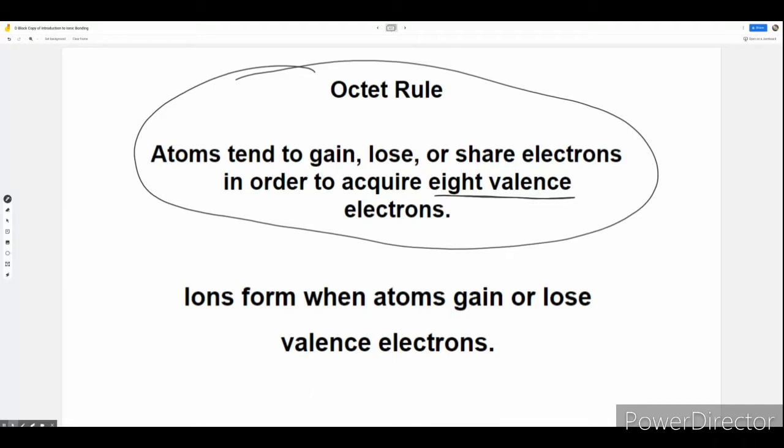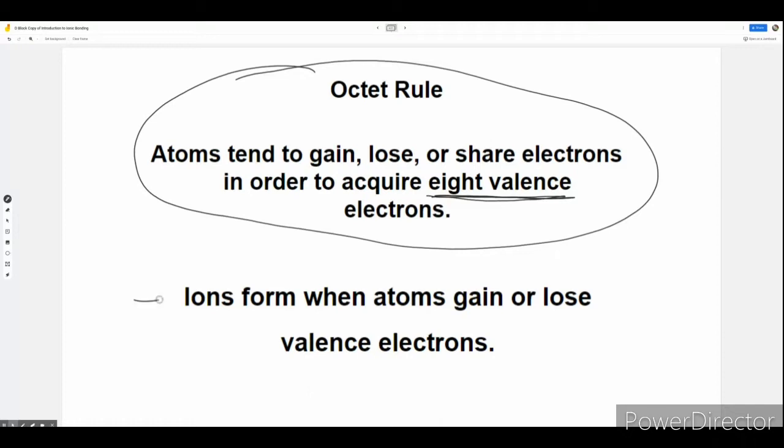Unfortunately, most atoms don't come that way. They're not made with 8 valence electrons. They're made with either too many or too few. And then they have to adjust by either giving away or taking or sharing electrons in order to achieve that 8 valence electron configuration, which is the best one as far as atoms are concerned.